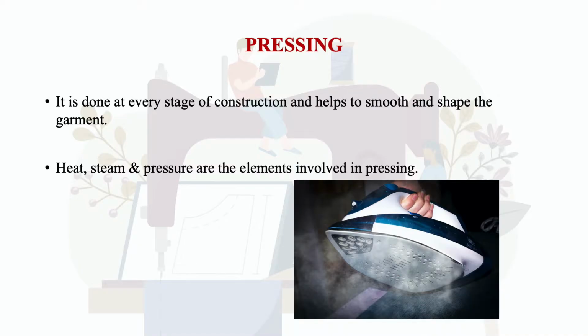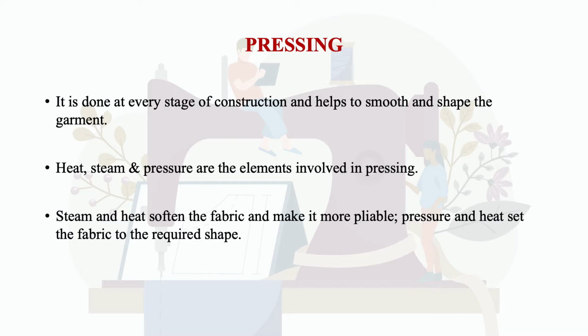We can do the pressing using heat, steam and pressure, which are the elements involved in pressing. Like in ironing, it is just the heat process. But when we talk about the pressing technique, it involves heat, and we can do the pressing with steam or any type of pressure. Steam and heat soften the fabric and make it more pliable, and pressure and heat set the fabric to the required shape.